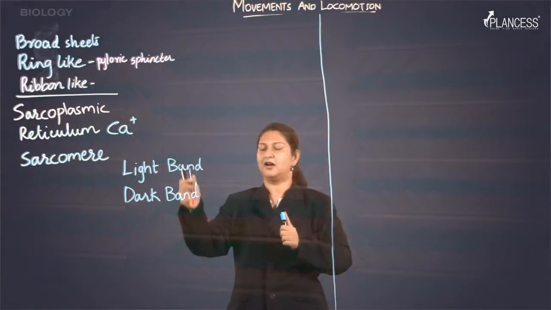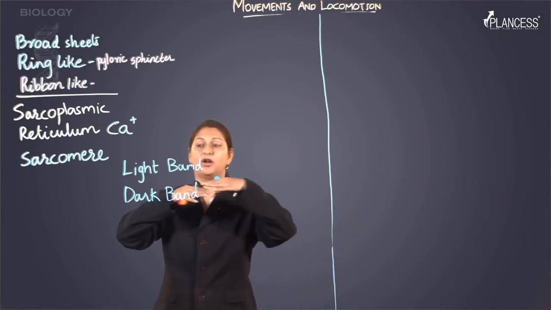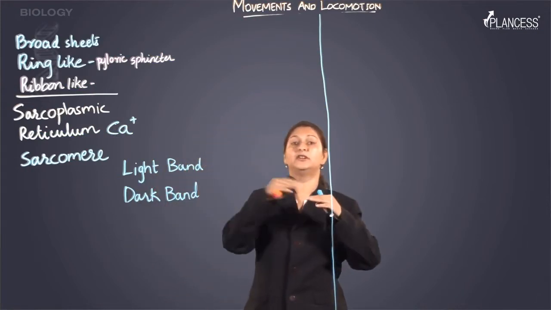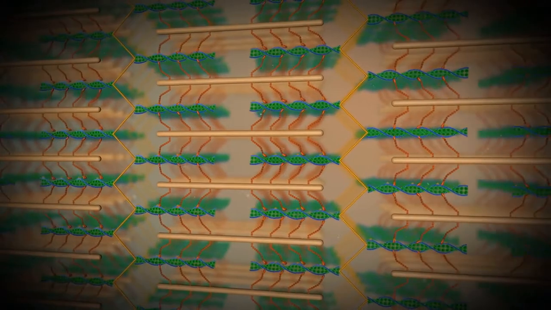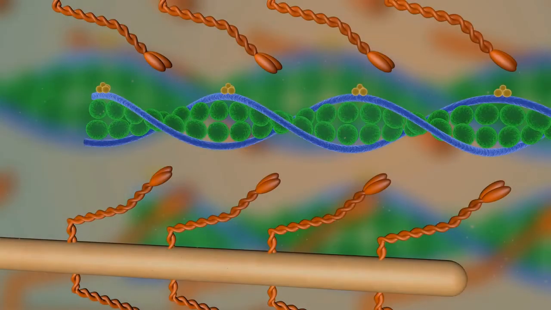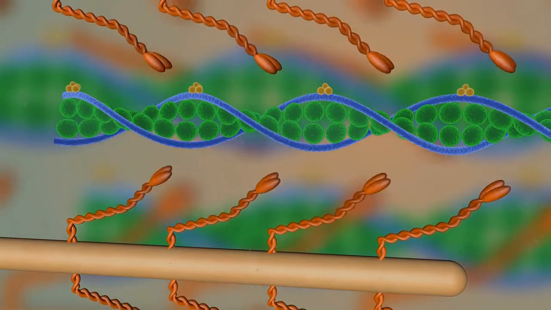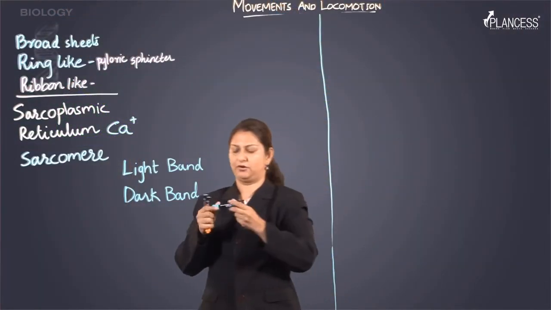So when the movement is happening, there is a sliding of the light band over the dark band. You can see that on either side you will find the light bands, and in the center the dark band, and as the movement happens they slide over each other, making the movement successful. Now what is the light band called?